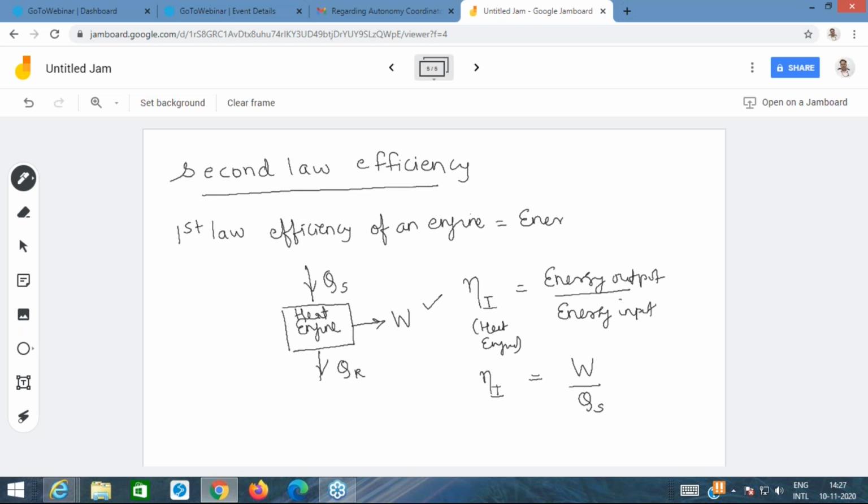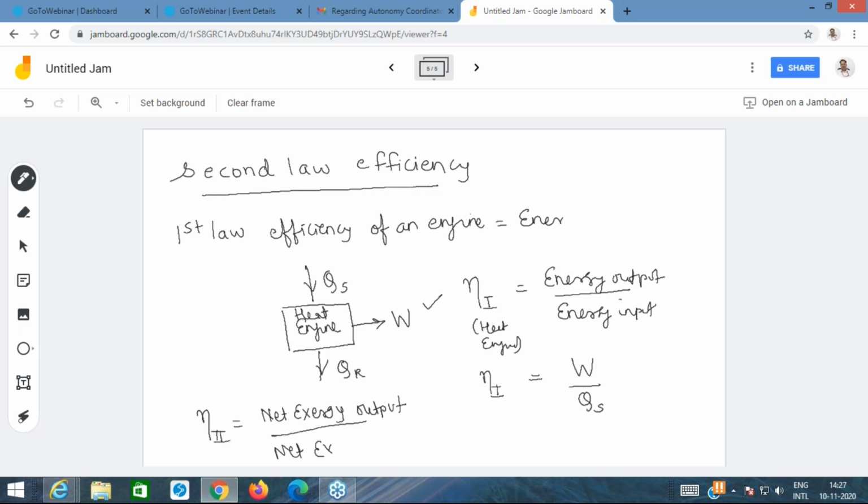Now, what is the second law efficiency of the engine? The second law efficiency of the engine is the net exergy output upon the net exergy input.